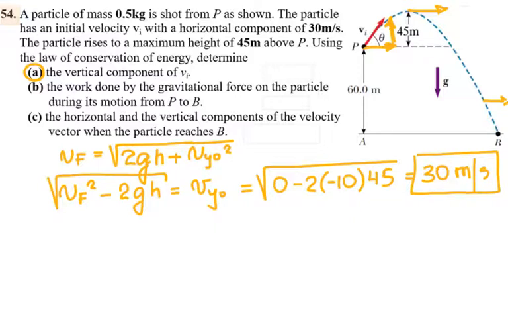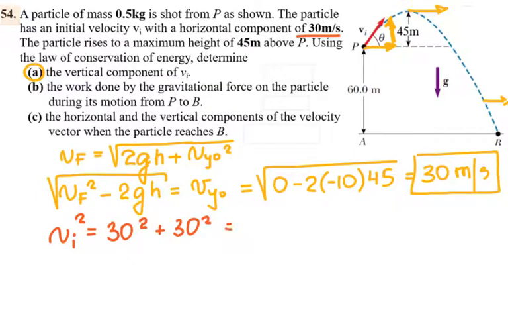And because we know horizontal velocity and we know vertical velocity, I can figure out what the actual initial velocity was. I'm going to use the Pythagorean theorem from that triangle. I have 30 squared for the vertical velocity plus the horizontal velocity, which is also 30 meters per second, because that is what they give you in the statement.